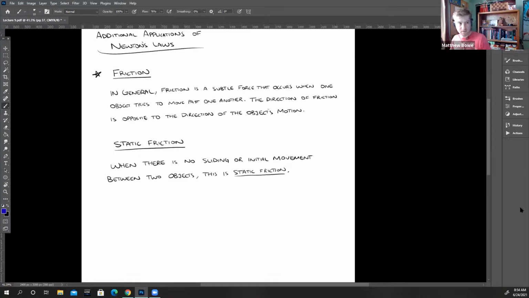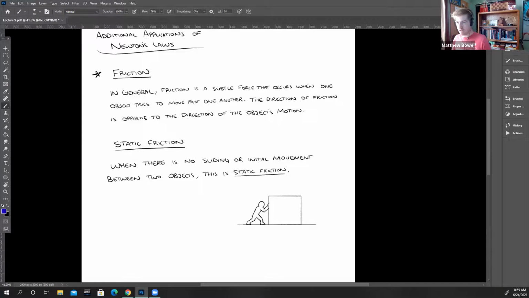I have a little picture that goes with this. I'm preparing to move this box, and I'm putting my hand on it. I'm giving a gentle push, but it's not moving. So I push a little harder. It's still not moving. I'll push harder and harder.